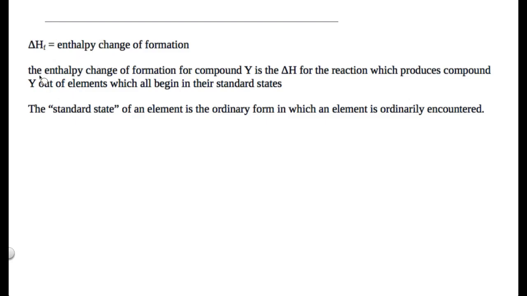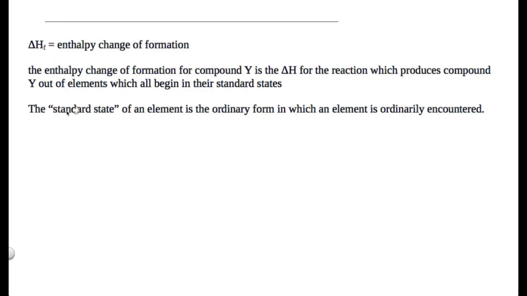What does that mean? The enthalpy change of formation for a compound, say Y, is the enthalpy change for the reaction that produces compound Y out of elements which all begin in their standard states.